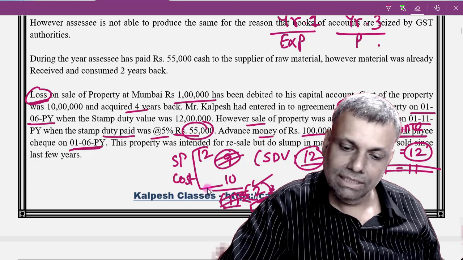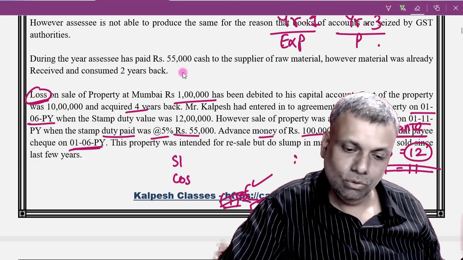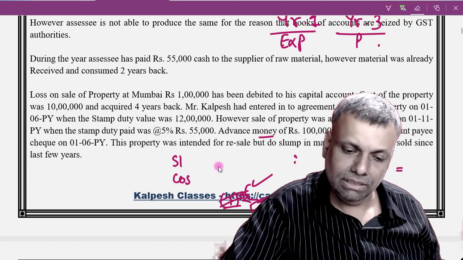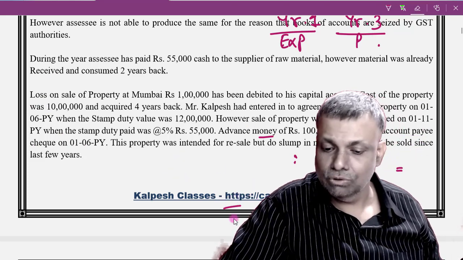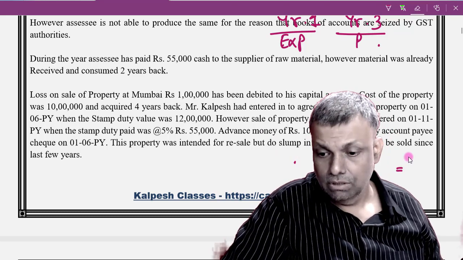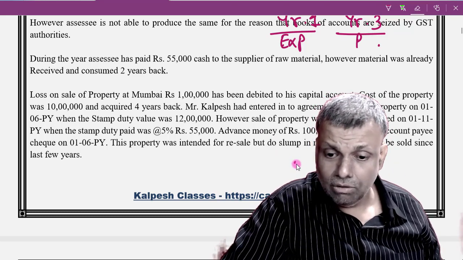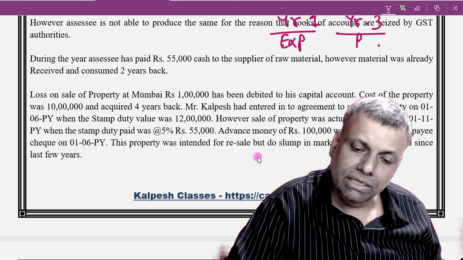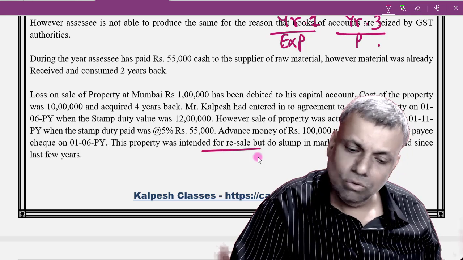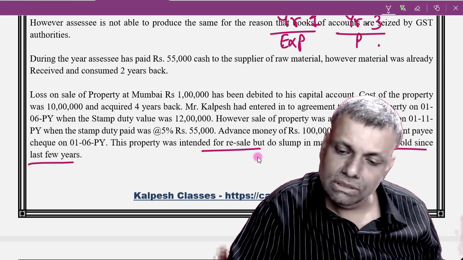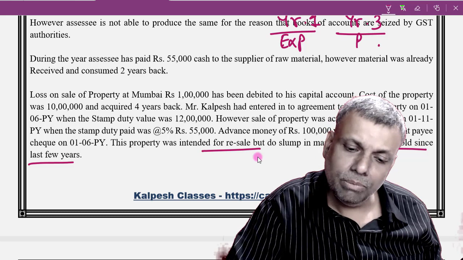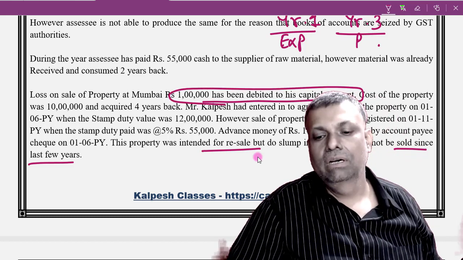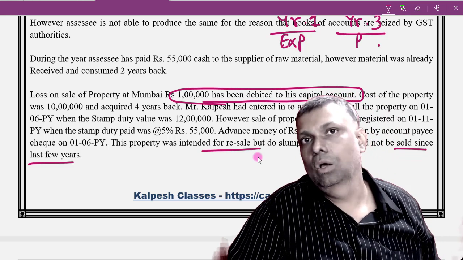Let's check whether this actual loss was debited or not debited to profit and loss, because sometimes this question can really confuse you about whether the amount was actually debited or not. This property was intended for resale but could not be sold for the last few years. The loss on sale of property has been debited to the capital account.